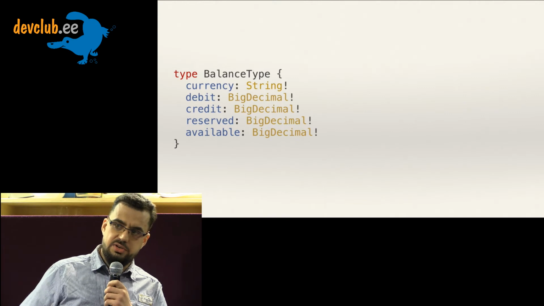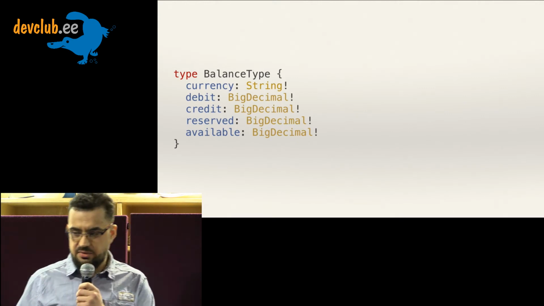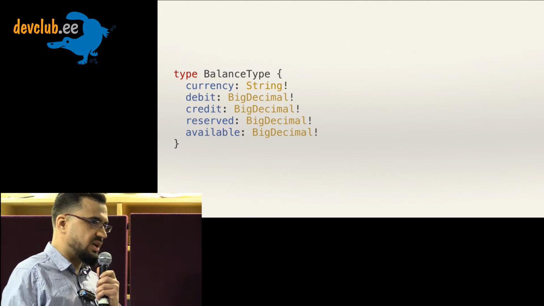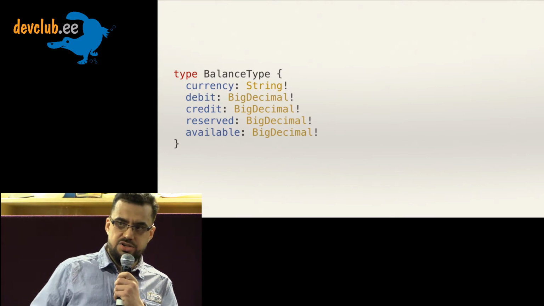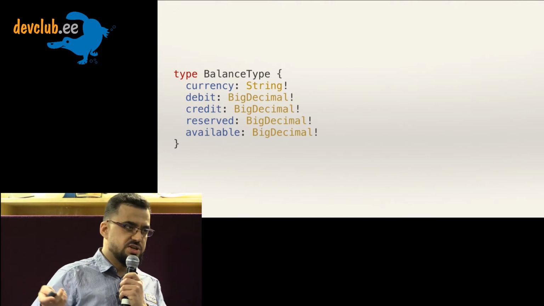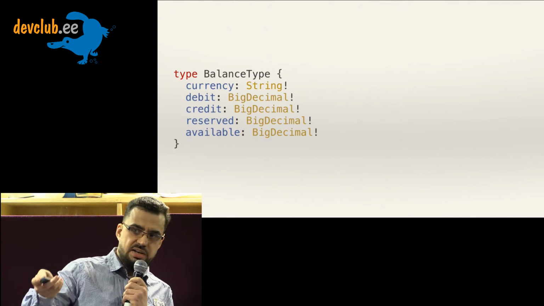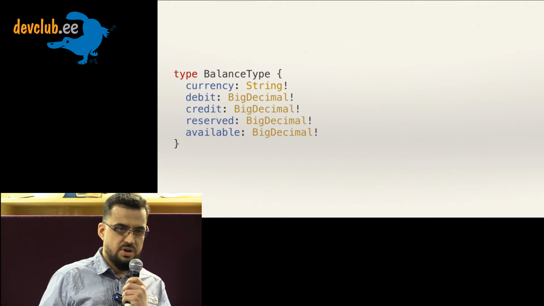In this schema you define the data model of your API, and the main part is type definitions. So every type that you want to expose from backend to the client must be declared in the schema. And declaration looks as follows. For example, it is balance type. We need to give a name and a set of fields that this type has.